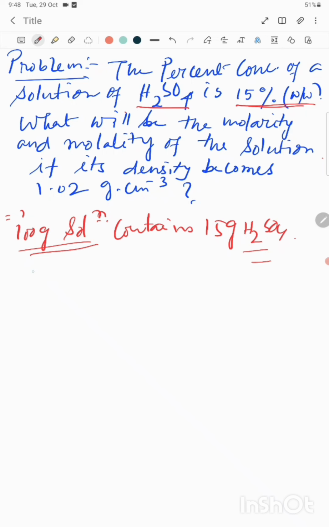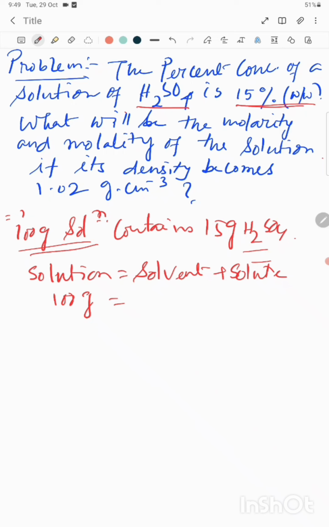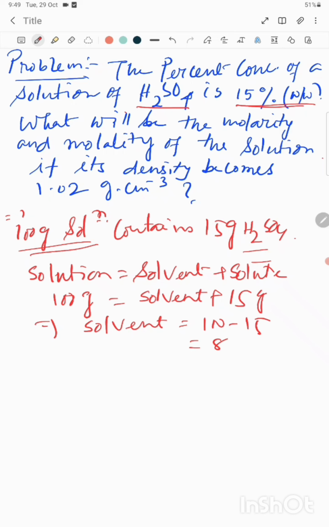So solvent, obviously you know that solution means solvent plus solute. So here total solution is 100 gram. It means solvent plus 15 gram. So obviously, what is the amount of solvent here? 100 minus 15, that is 85 gram.